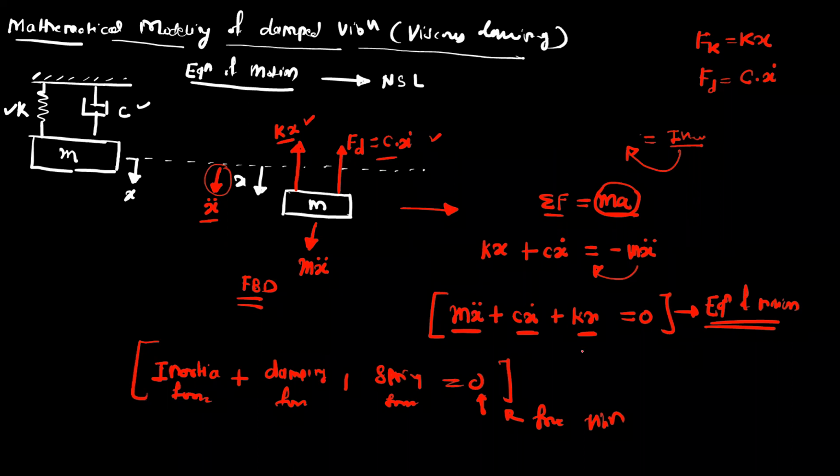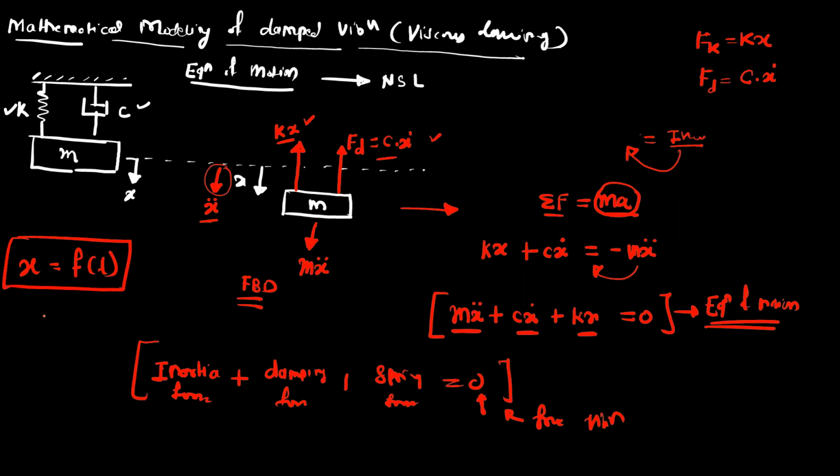Okay, so this is the equation of motion, which consists of inertia forces, damping forces, and the spring forces. Now, in order to study the behavior of the system, we need to find this solution. That solution is nothing but the equation for x, which is a function of time.